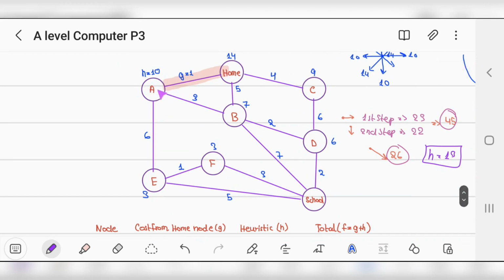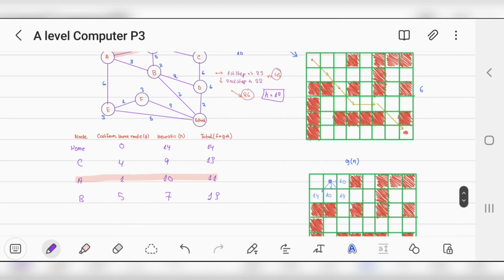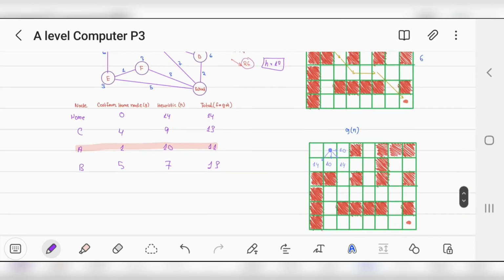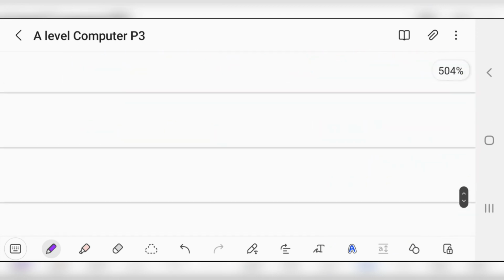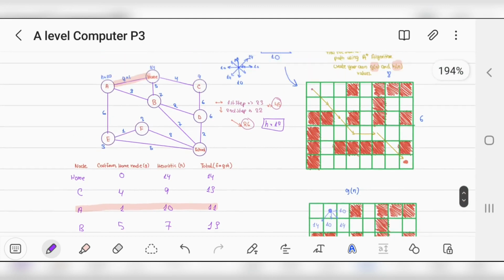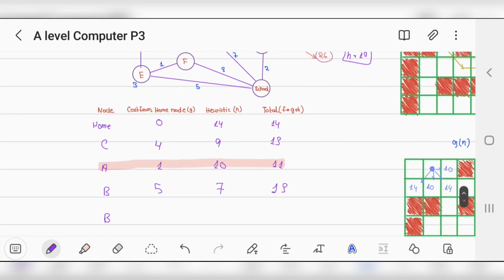Since I have just chosen this road, I'm going to see from here which is the least by looking at all of these. Starting again from B, going from here to here, the cost would be 4, so I'm going to write down 4.